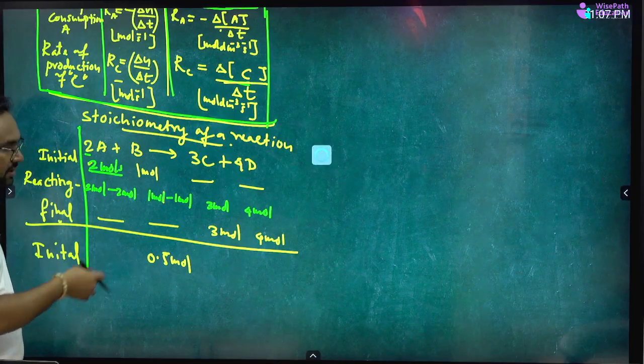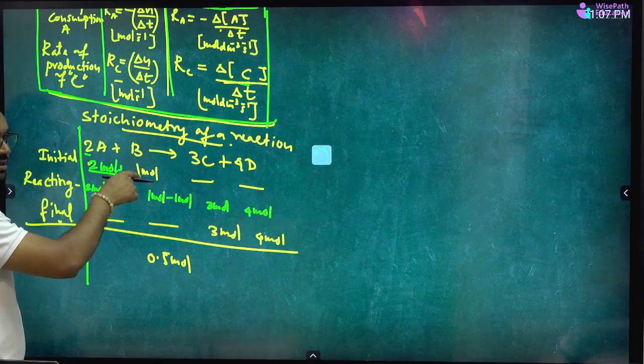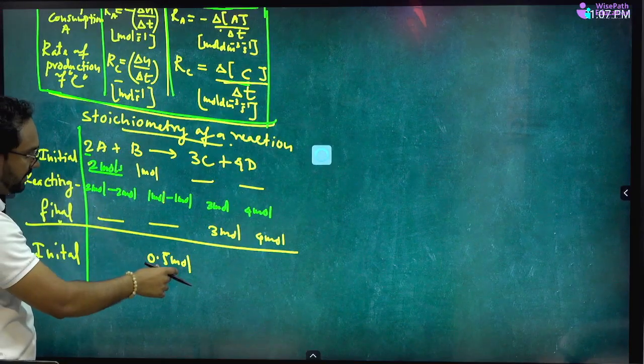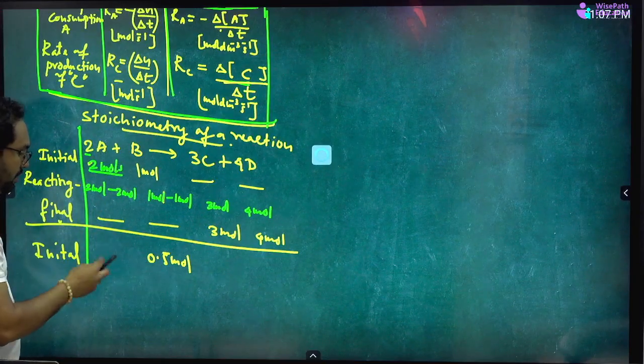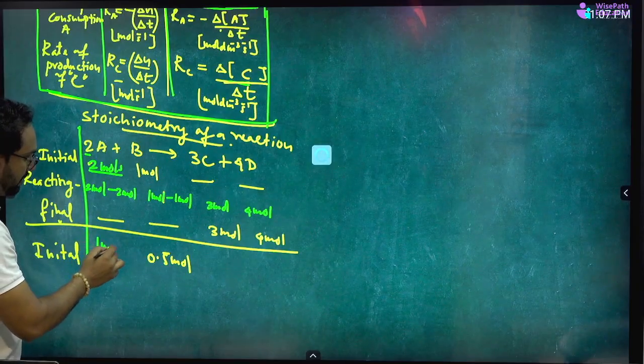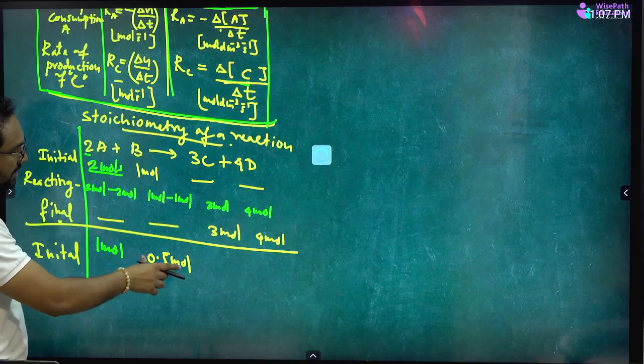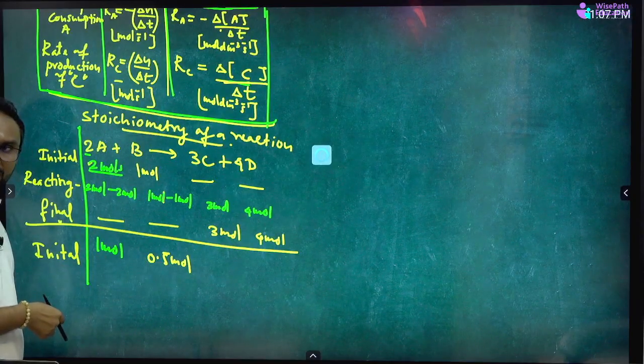If B is 1 there should be twice the amount of A, so if there's 0.5, there should be 1 mole of A to completely react.